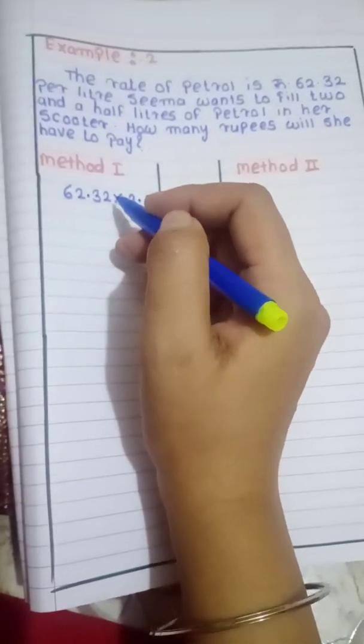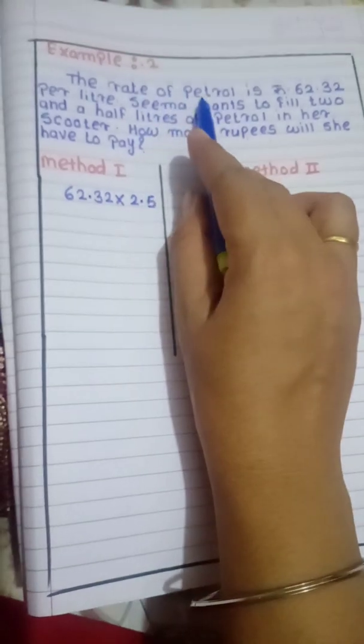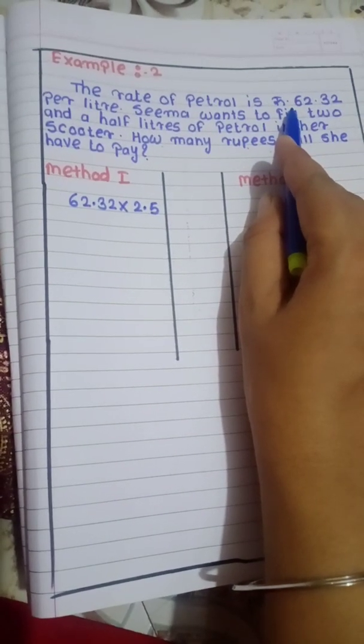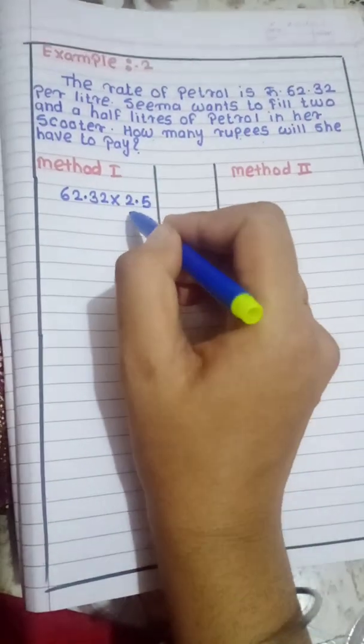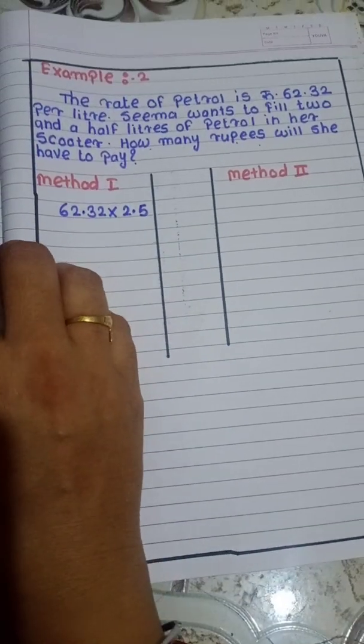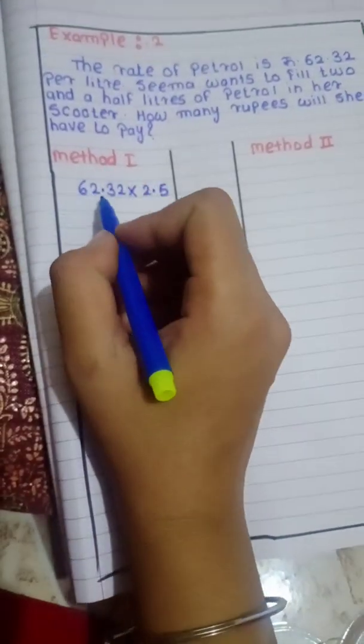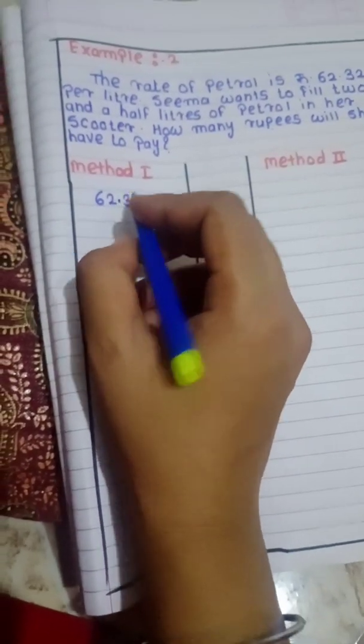Here the price of 1 liter of petrol is given, 62.32. So you have to find out the price of 2.5 liters of petrol. We'll follow the first method. First we will convert this into a common fraction.